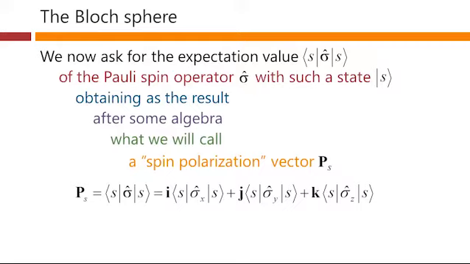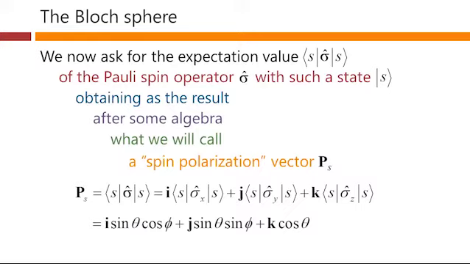And it will have three components to it. So i, j, and k are unit vectors in the x, y, and z directions respectively. And the x component of this spin polarization vector here is just given by this expression, the y component by this expression, and the z component by this expression. And we'll work one of these out to illustrate what's happening here.